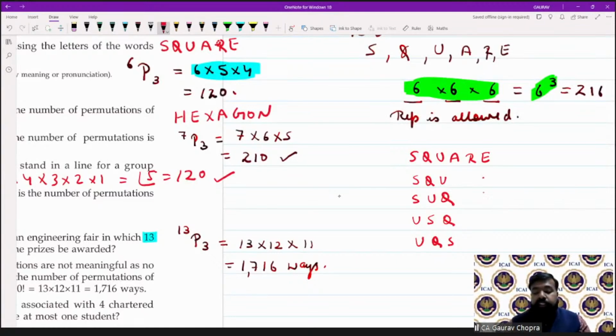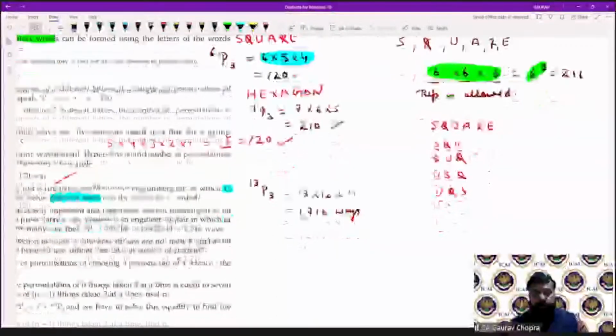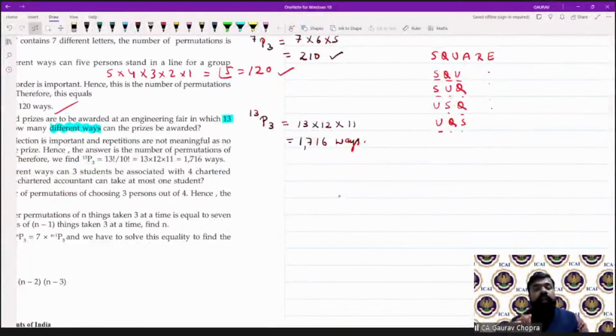So we are arranging the alphabets at different positions. Whenever we have to make spellings, prepare telephone numbers, or code numbers, that means all arrangements are done.